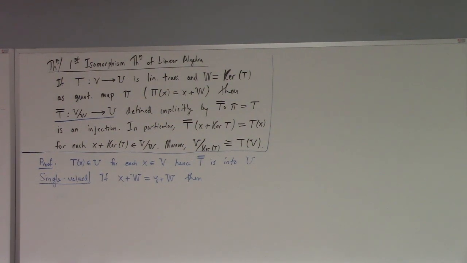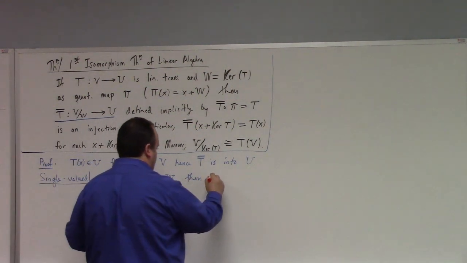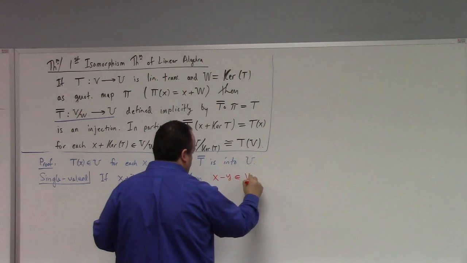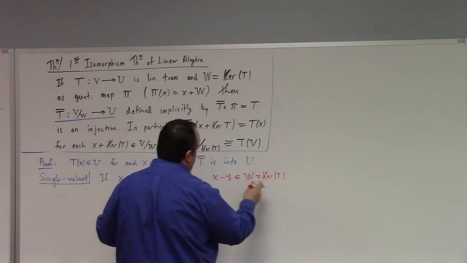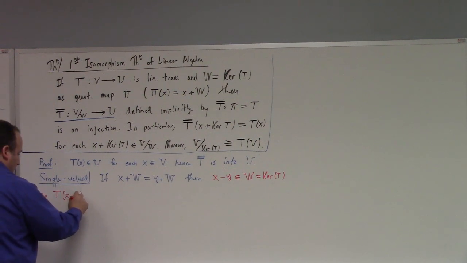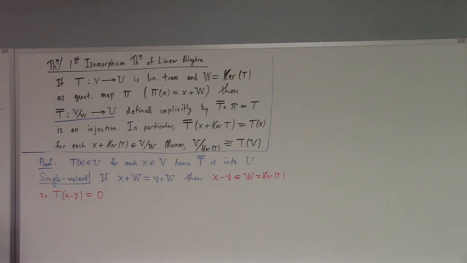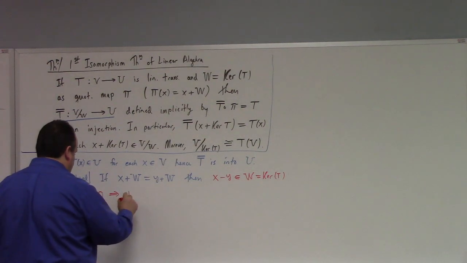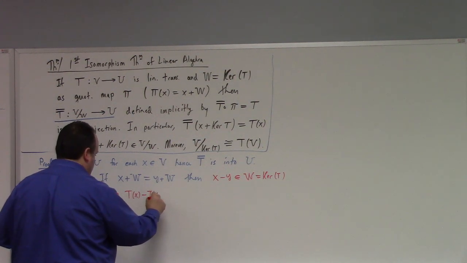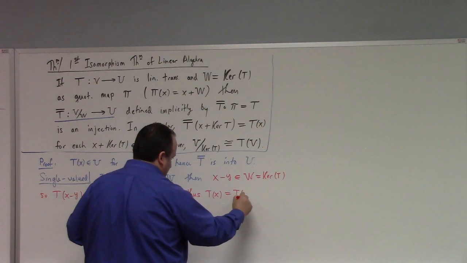That will help. Okay, so this means that x minus y, by our work the other day, is an element of the kernel. W is defined to be the kernel here. So we know that t of x minus y is equal to 0, right? But what does that mean? Well, that tells us that t of x minus t of y is equal to 0. Thus t of x is equal to t of y.